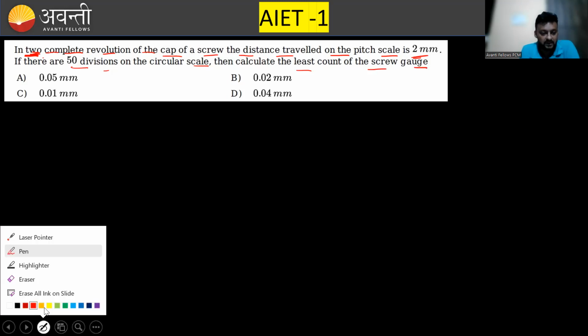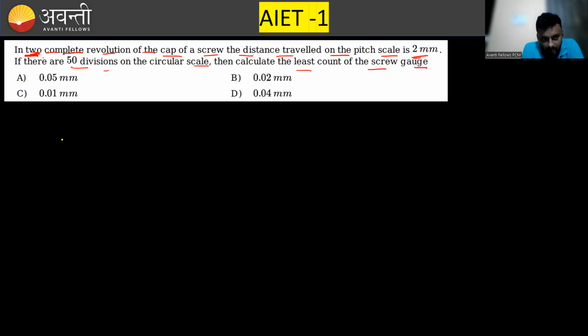So first of all, you should know what is least count. This thing you should remember always. Least count of the screw gauge is pitch divided by number of divisions on the circular scale.